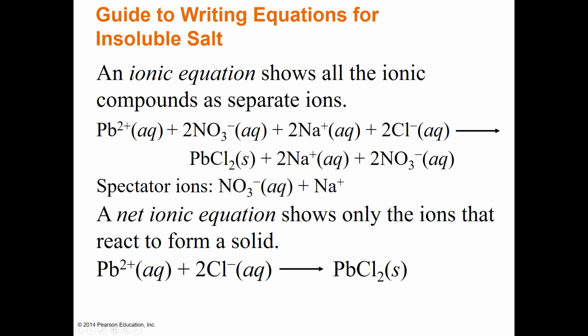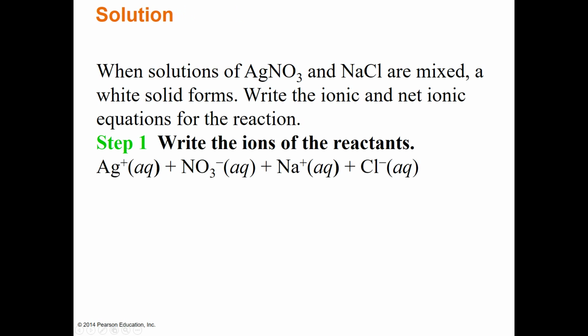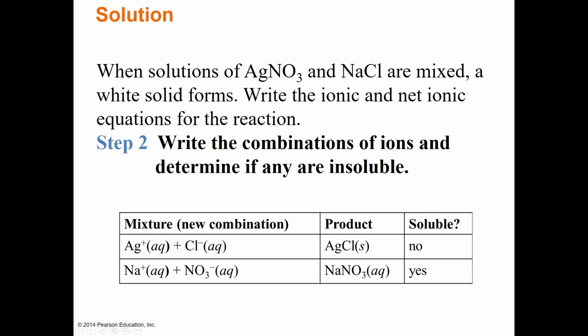Okay. All right, when solutions of silver nitrate and sodium chloride are mixed, a white solid forms. Write the ionic and the net ionic equations for the reactions. So I'm going to let you all work on it for a minute, and then we'll. Okay. And it has to be balanced. In this case, it's all one mole of each, so there's no coefficients.